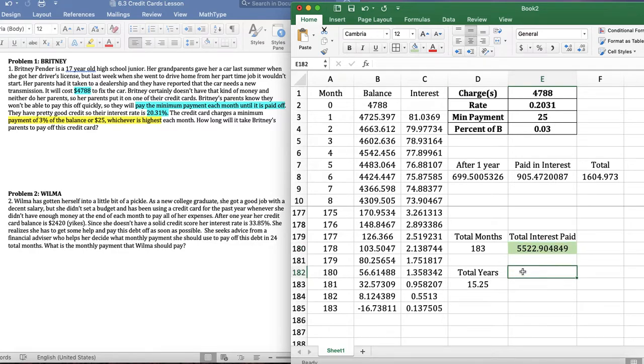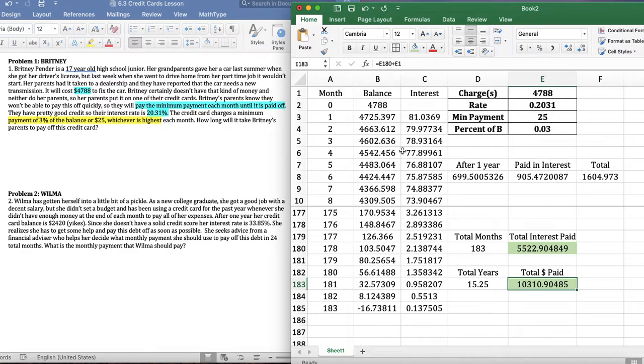And then if you think about how much their total dollars paid, they paid all this in interest and they paid off the original charge that was made. So they're paying for this transmission over $10,000 to get this new transmission, and it's taking them over 15 years to pay off this credit card.